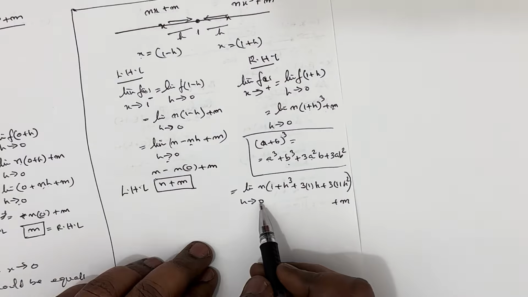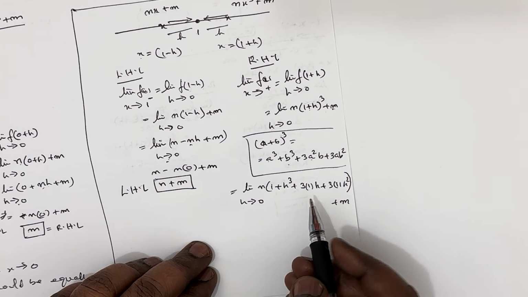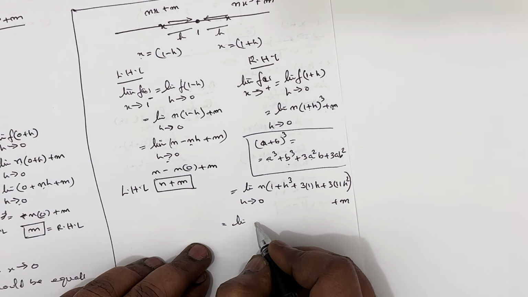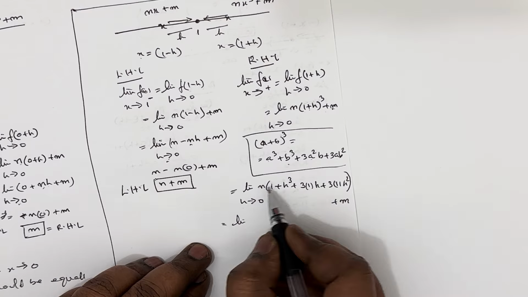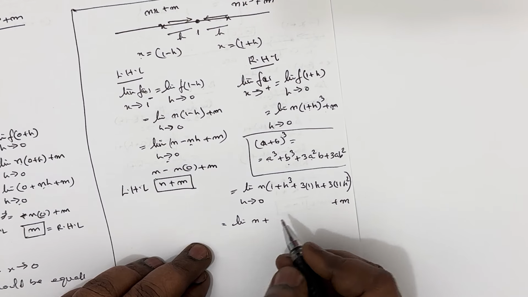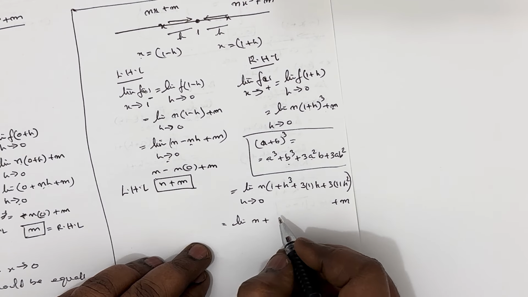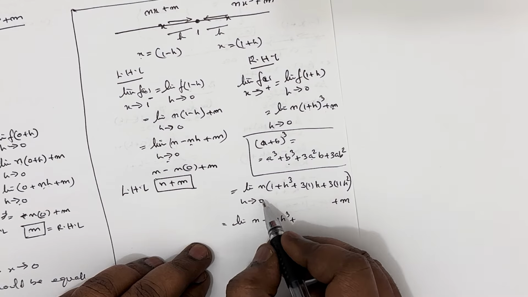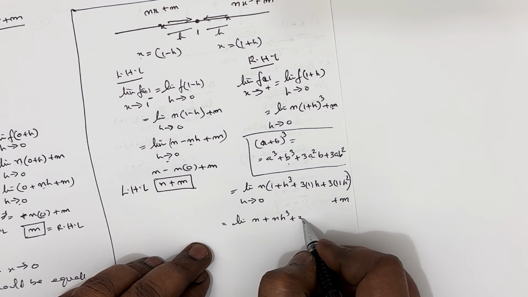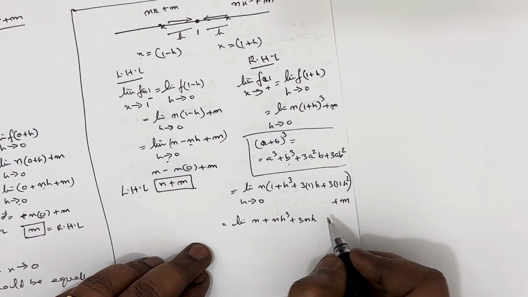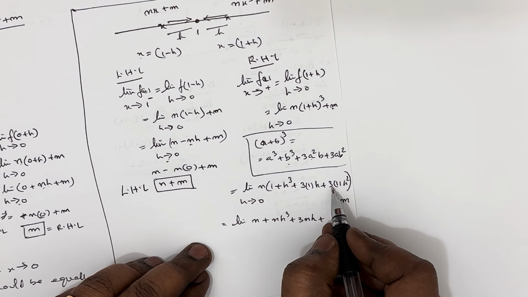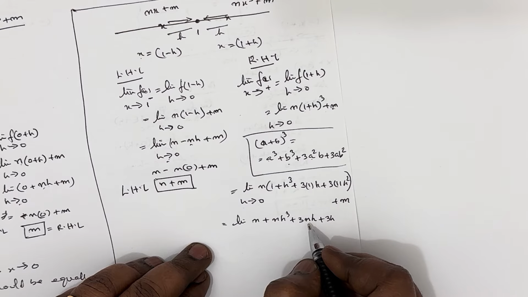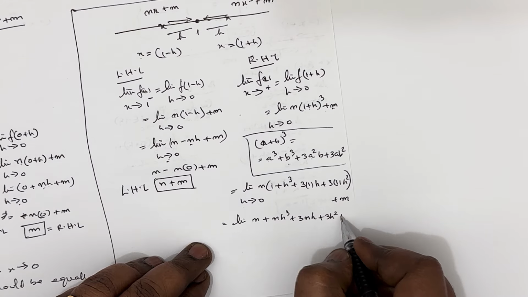Now let's write one more step. Limit, and let's multiply this inside. N into 1 becomes n, plus n into h cube becomes n h cube, plus n into 3h becomes 3nh, plus n into 3h square becomes 3nh square, plus m.